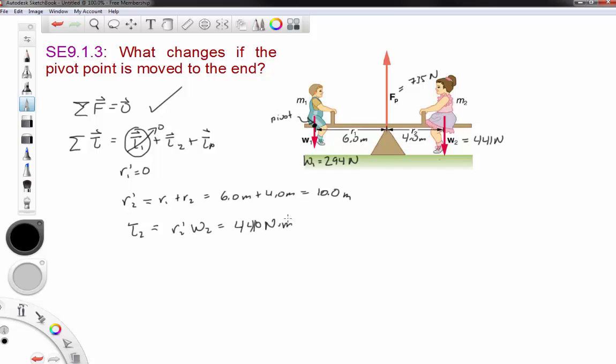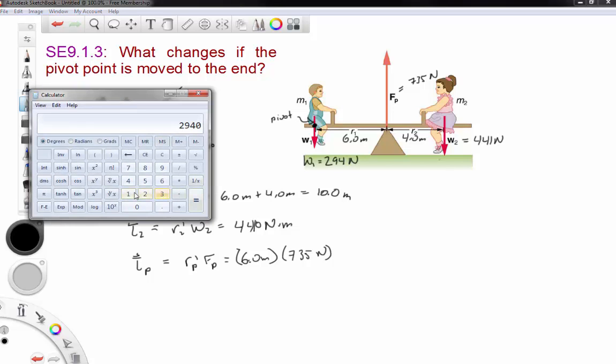4,410 Newton meters. Finally, there is the torque from the fulcrum itself. That's going to be R fulcrum prime, or the distance from the fulcrum to here, times the upward force from the fulcrum. So that would be 6.0 meters times 735 newtons. So let's see if this gives us 4,410.